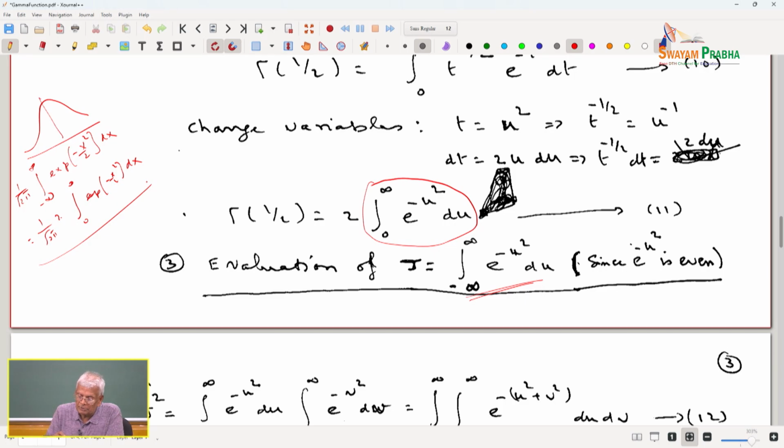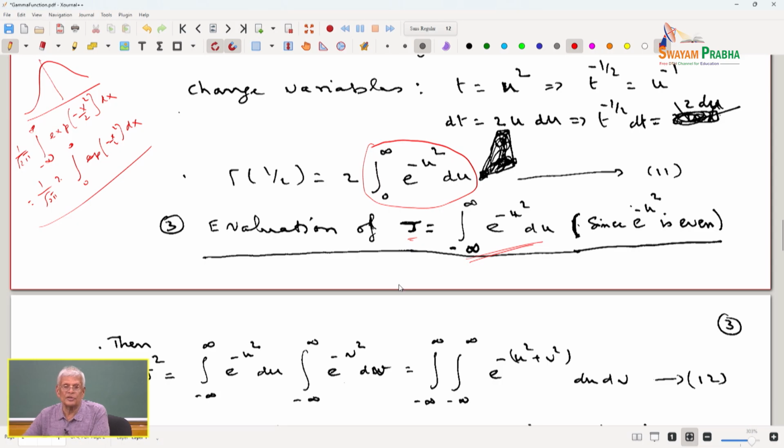So, this is 2 times 0 to infinity e to the power of minus u square du. I want to be able to evaluate this integral. To do that, I am going to evaluate the integral j, which is the same integral but from minus infinity to plus infinity, since e to the power of minus u square is even. So, when do I say a function is even?